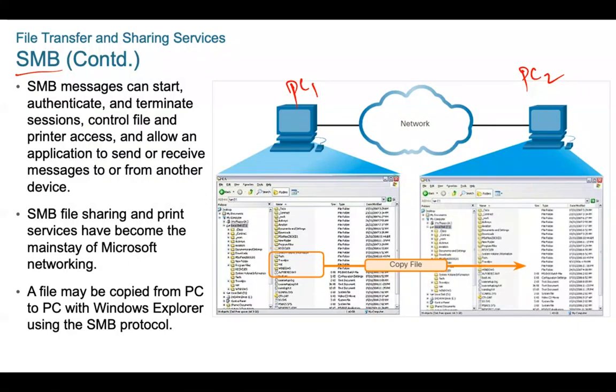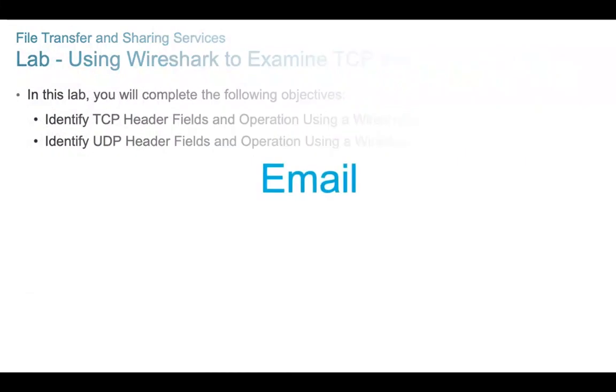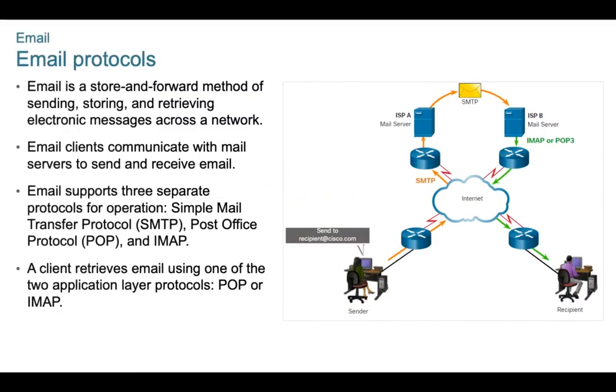Another network service to transfer files from one device to another device is your email service. In this email service, it uses email protocols. So what are the different email protocols that are used? One of the primary services offered by internet service providers, the ISP mail servers, is email hosting.